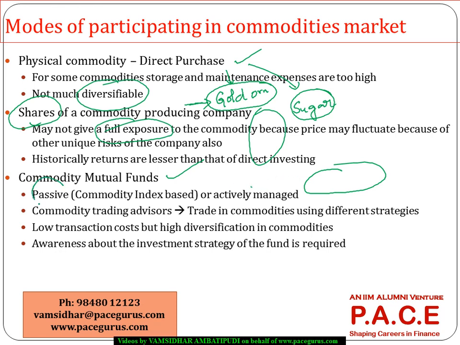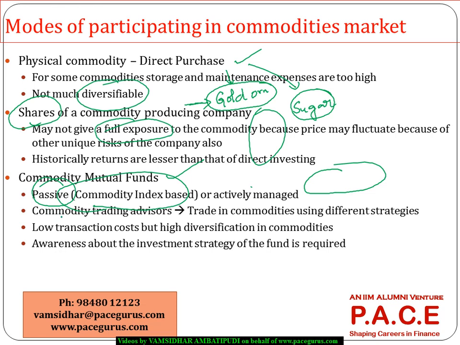So investor can either enter into it on a passive note, means the investments are purely based on some commodity index, or they can be actively managed also. A portfolio, the fund manager can very well plan out the investments in the various companies which are dealing with the commodities.